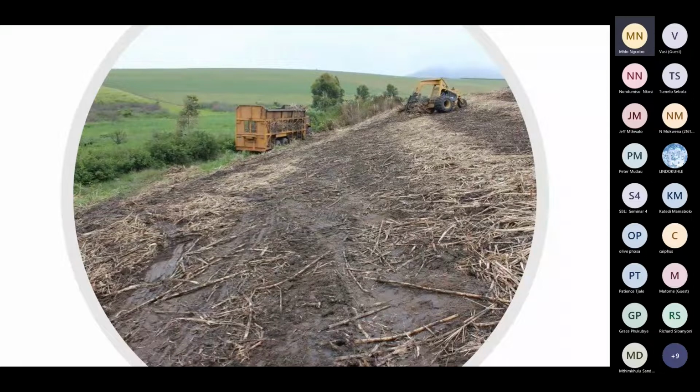What it does is it increases the sugar content, but you need to harvest your sugarcane between 8 to 12 weeks, or even 14 weeks. You can push it to that.